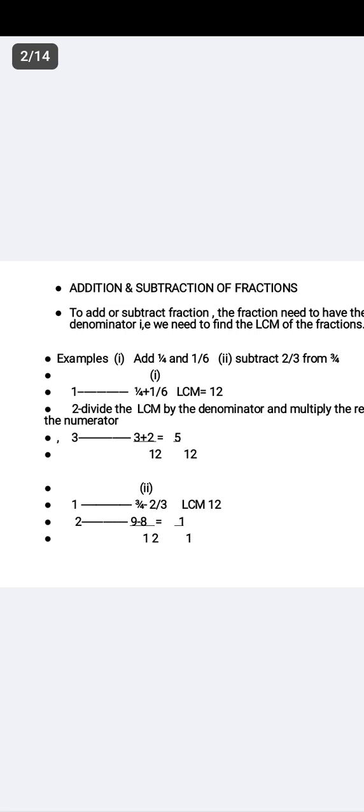The common denominator is the LCM. So you find the LCM of the denominators. After getting the LCM, you divide the LCM by each of these denominators, then multiply with the numerator. You plus or minus as it is in your question.